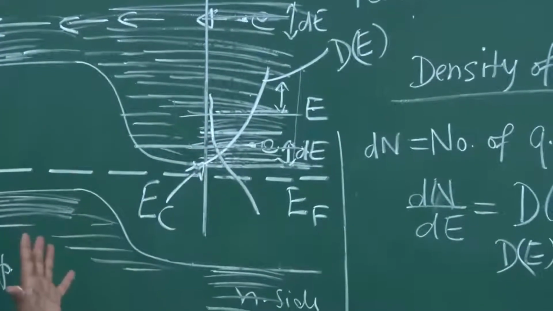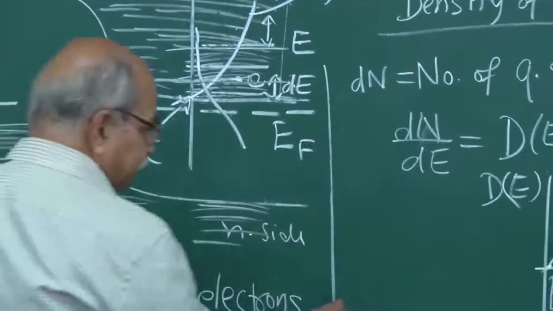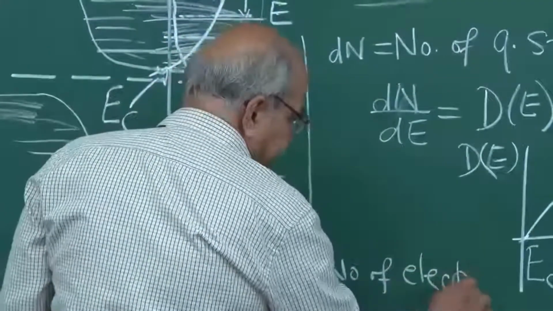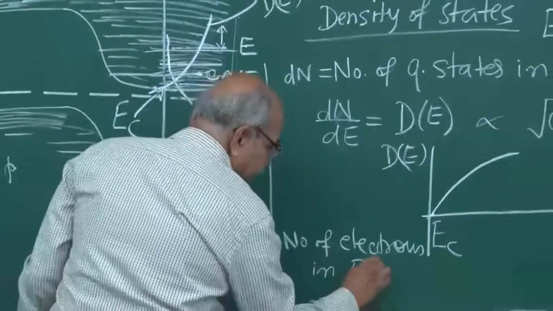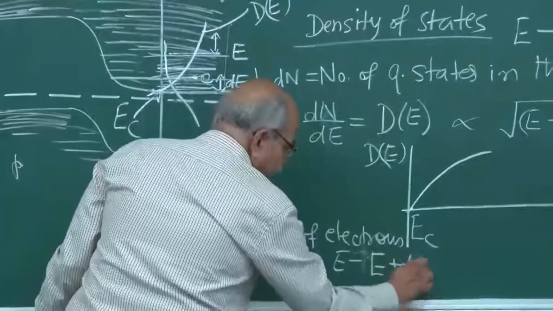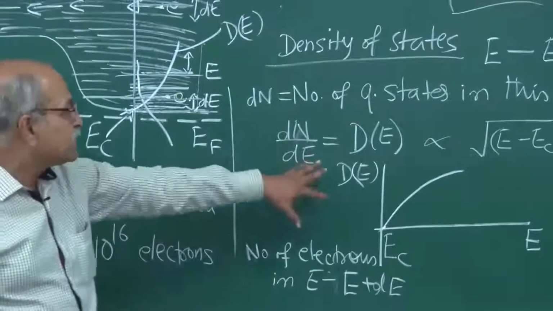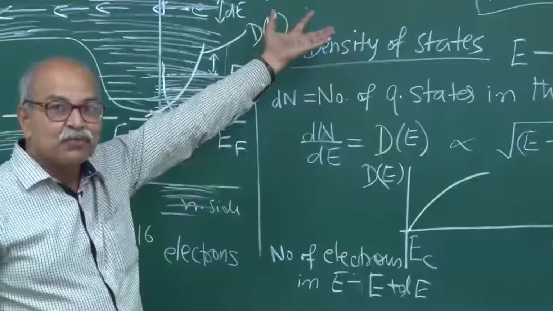So if you want the number of electrons in E to E plus DE, for that you have to take care of both things, this density of states as well as the probability of those quantum states to be occupied.